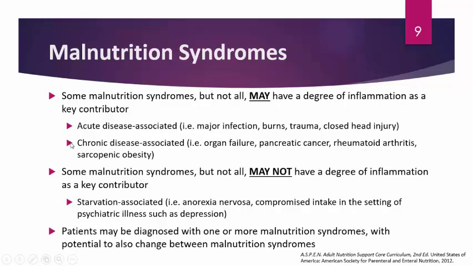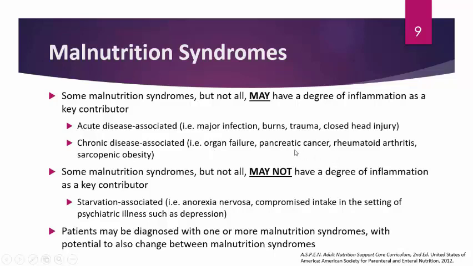In terms of patients who have chronic disease-associated malnutrition syndromes, they may present with chronic organ failure, and really organ failure can fall into acute or chronic. Some chronic organ failures that you may see include end-stage renal disease or even cirrhosis.